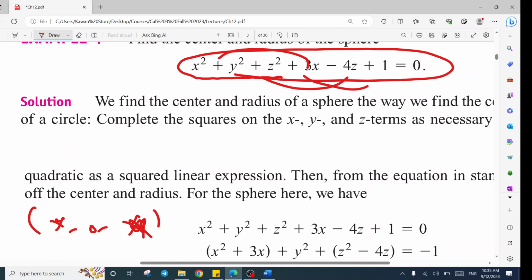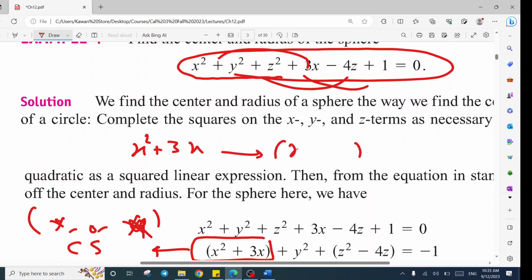I don't know about the others. Why? Because I need to change that one to a complete square. I need to make that one, x squared plus 3x, into something minus a number squared. So how do we change an incomplete square to a complete square?